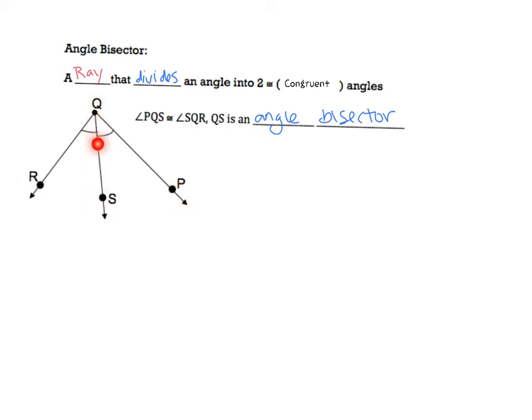Now, because of the way that QS is here, it is bisecting angle RQP. So it's therefore creating two congruent angles. So angle PQS is now congruent to SQR. QS is known as the angle bisector because that's the ray that's causing this to be congruent.